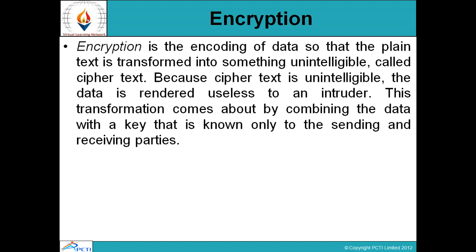The advantage of this method is speed, but there is a challenge in ensuring that the keys are distributed safely. The second method is called asymmetrical encryption. This method uses a publicly known key. The receiver then decodes the ciphertext using a key that is known only to the receiver, but that matches the public key.